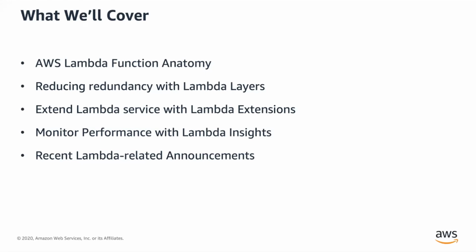Then we're going to touch on 2 of our newest Lambda features. We'll discuss how to extend Lambdas even more with Lambda extensions, and then have more visibility with Lambda Insights. And I'll finish up by discussing 4 of our recent Lambda-related announcements from re:Invent from last week.